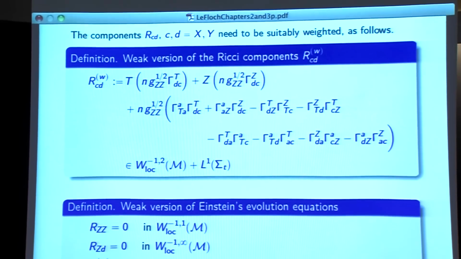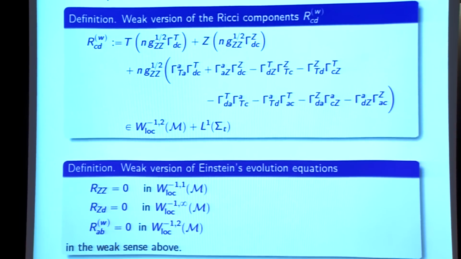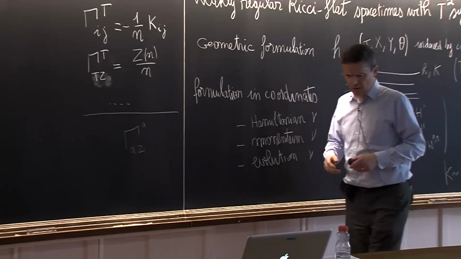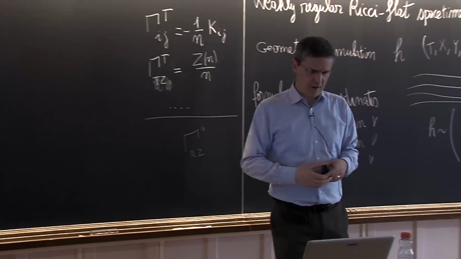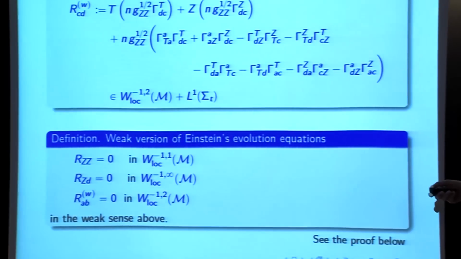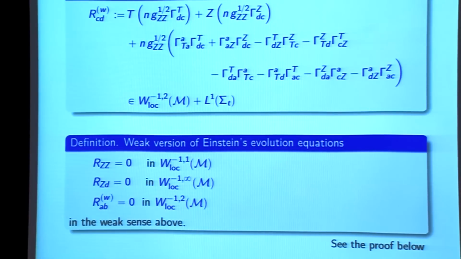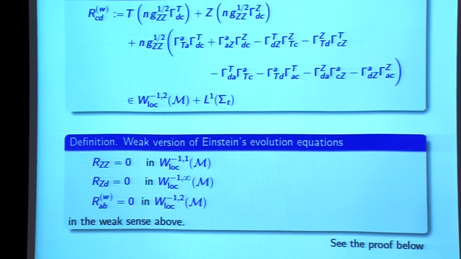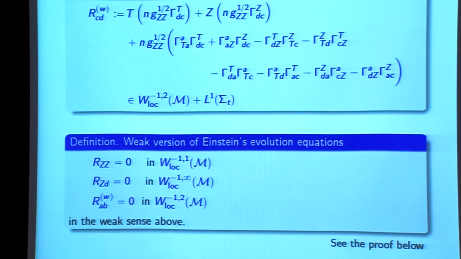Now we are done with writing the evolution equations for Ricci flat spacetimes. We have defined R_ZZ and have a formula for that. So if I want to write the equation in a vacuum, I would require that R_ZZ should be 0 in the sense of distributions, and the same for R_ZA and R_AB with this weight.